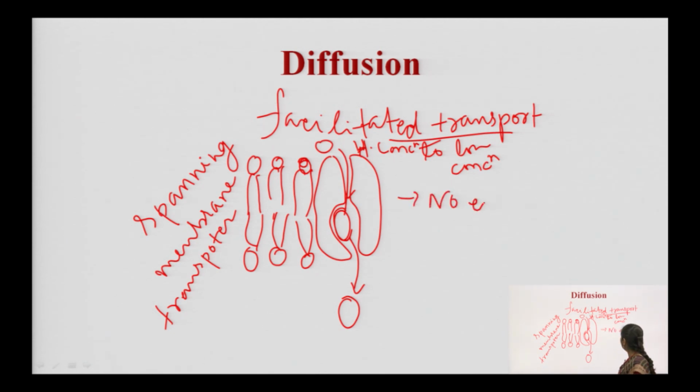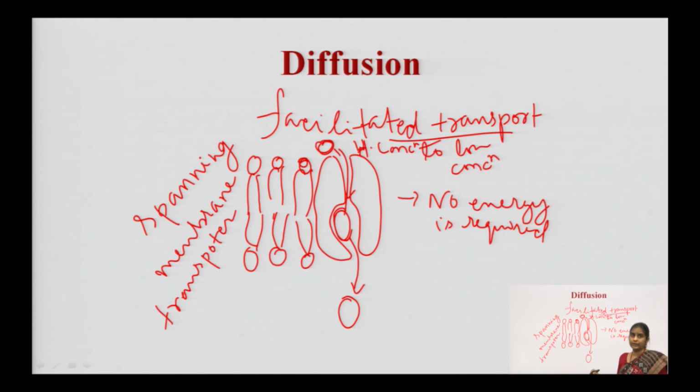No energy is required, and in this case transporters are required to which your solute is attached. Then this transporter helps to carry it to the other side of the membrane, and an example is glucose transporters.